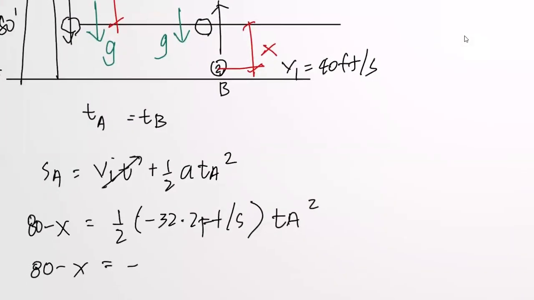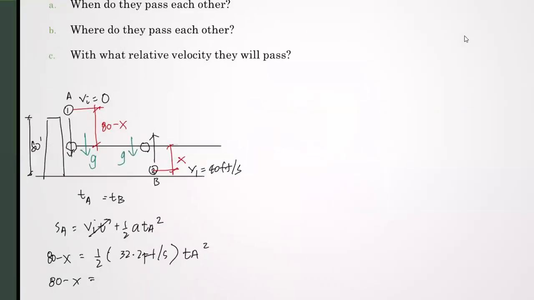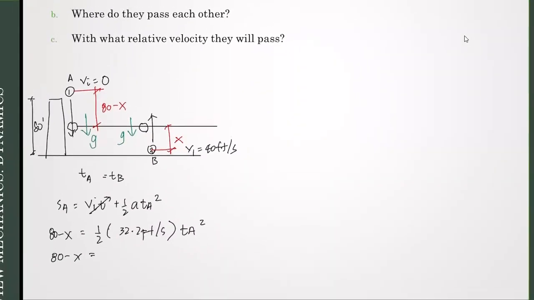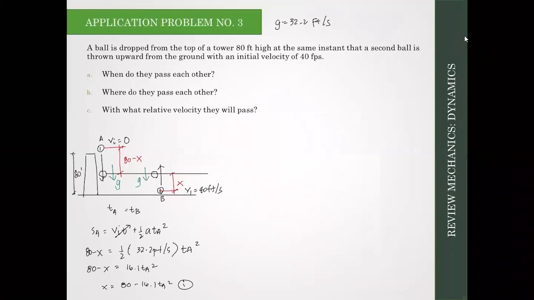Itong gravity natin dapat hindi siya negative. So, this will be 16.1 TA squared. Pwede natin X is equals to 80 minus 16.1 TA squared. This will be our first equation, considering yung ball A natin.